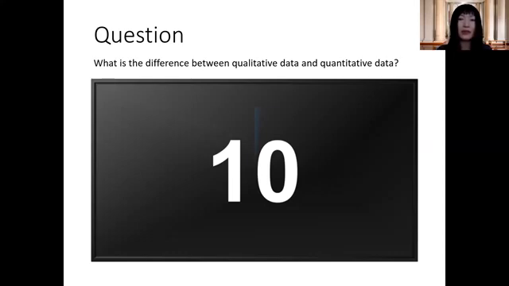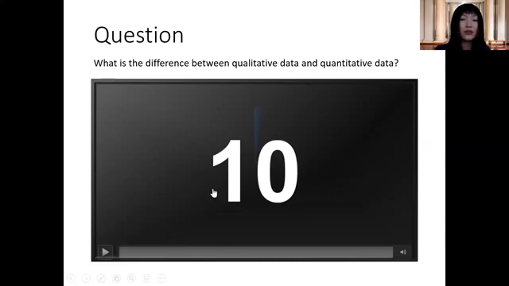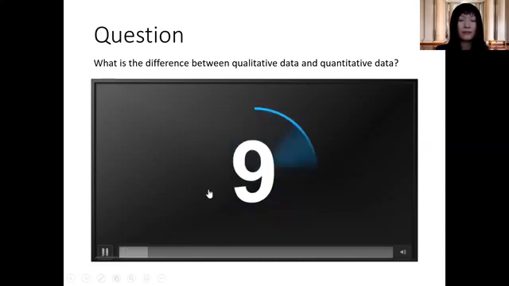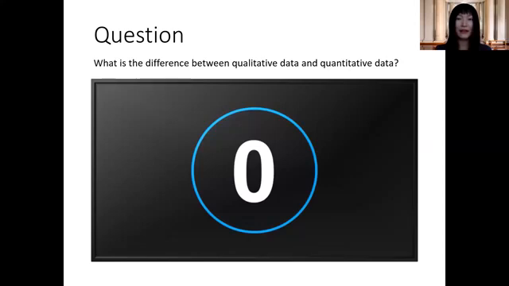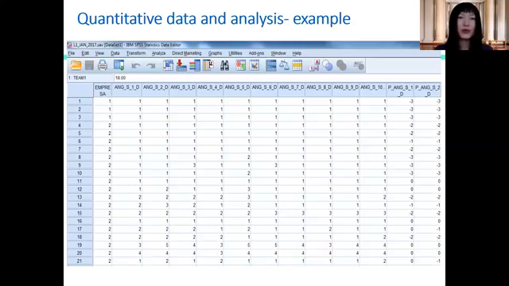Again, I'm going to give you 10 seconds to think about this question. Okay, that's 10 seconds. If you feel like you need more time, please pause the video and come back when you're ready. Okay, let's look at these two examples together.